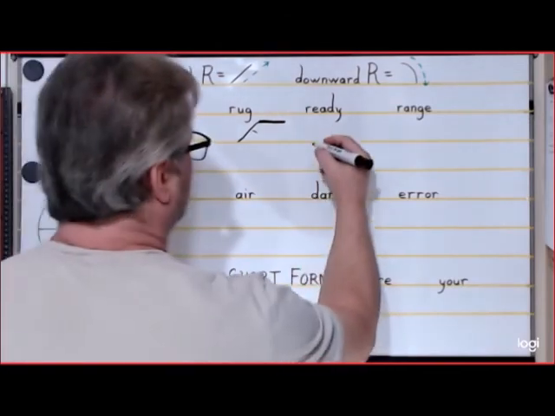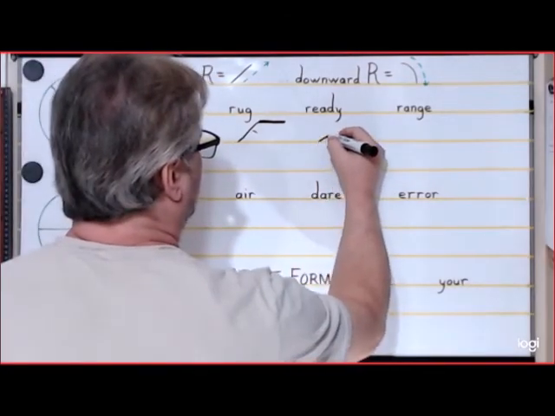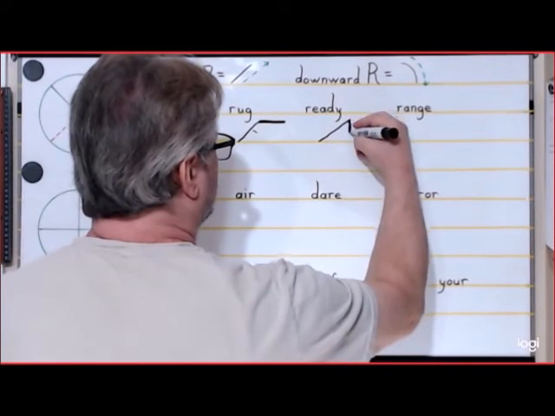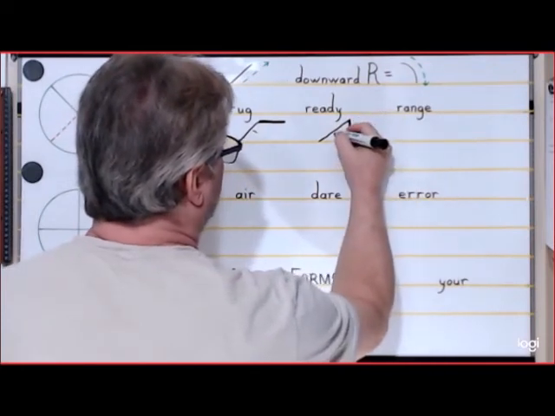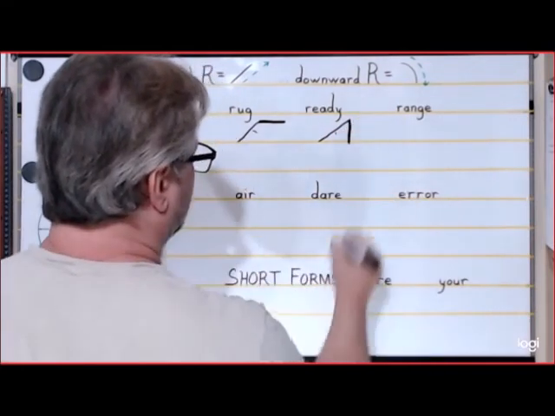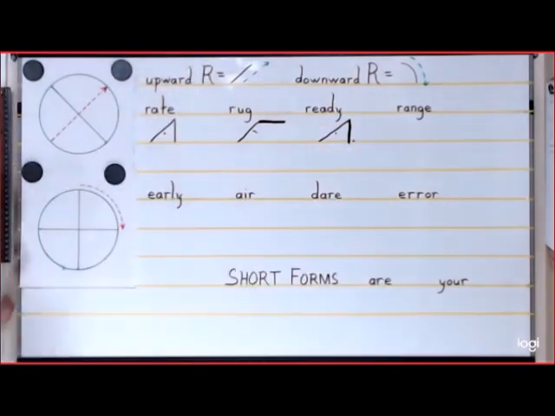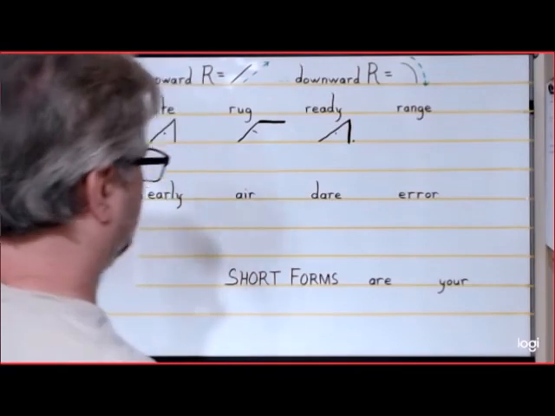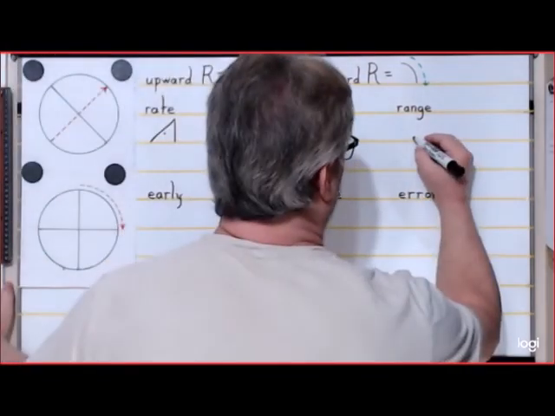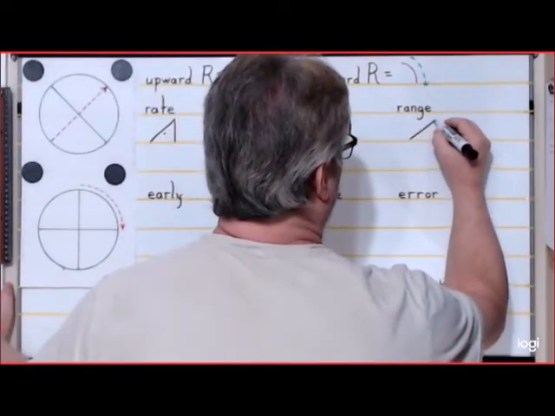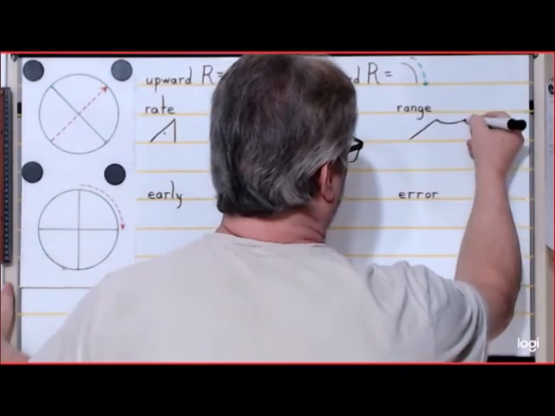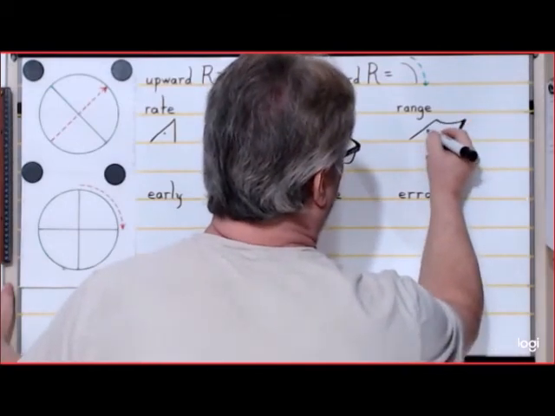For the word ready, it will be an R and a D, and then a light dot here, and then a light dot in the third position after the D. For the word range, we'll write an R, N, and a J with a heavy dot here.